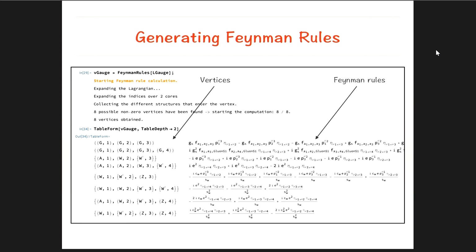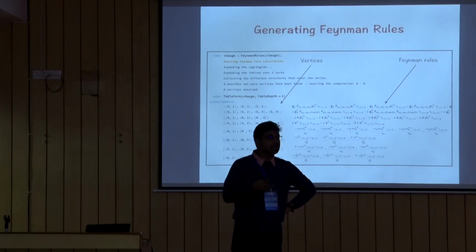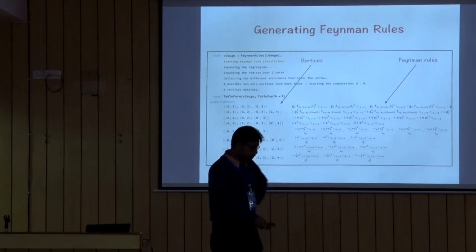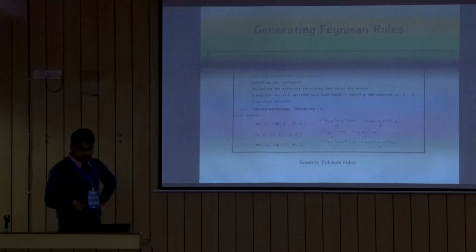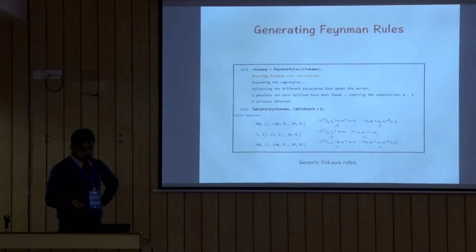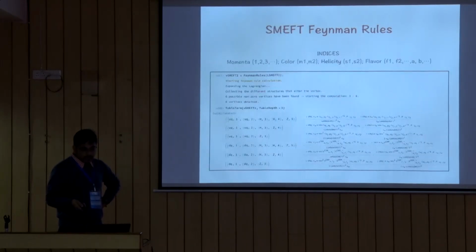Now these are complicated to look into, but we all have Cheng and Li or any quantum field theory book that you like. So there you can explicitly check whether the Feynman rules that you are generating using this package are okay or not. So these are all the standard model ones, and then you have these additional pieces for the SMEFT.